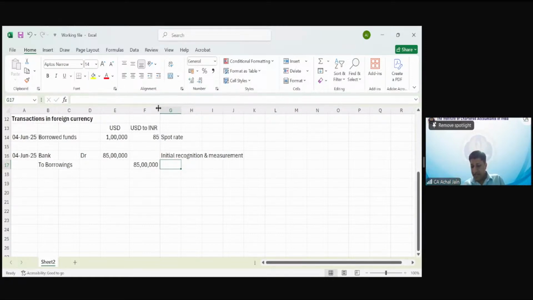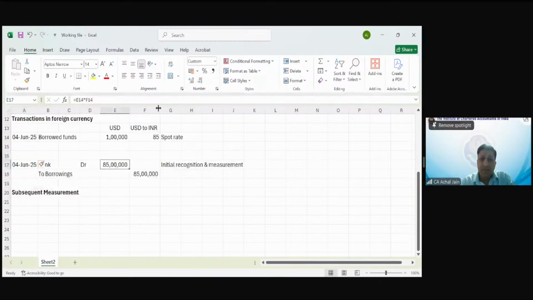Now, this standard also talks about one more thing. So this standard talks about subsequent measurement. What is the meaning of subsequent measurement? Subsequent measurement, you can say, is the measurement which the company will have to do after initial measurement.